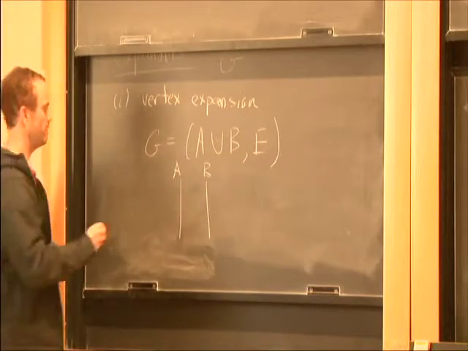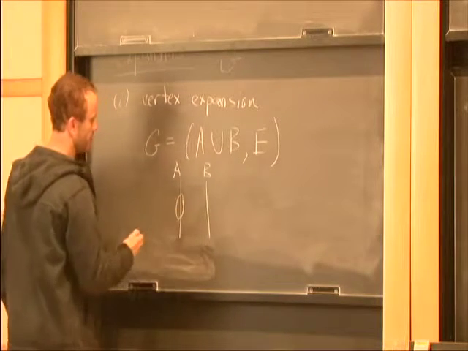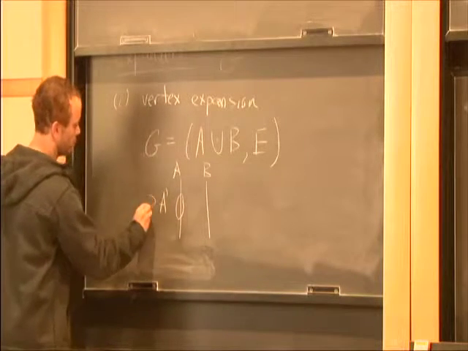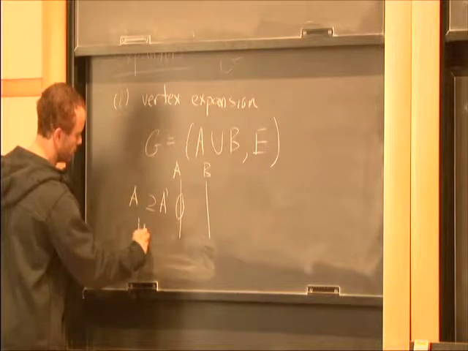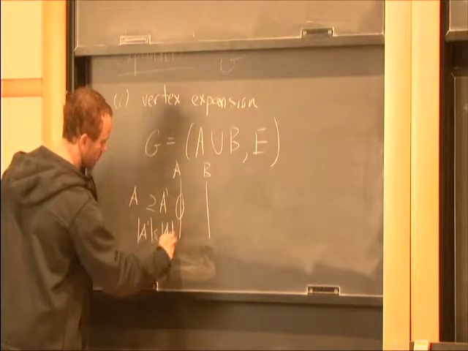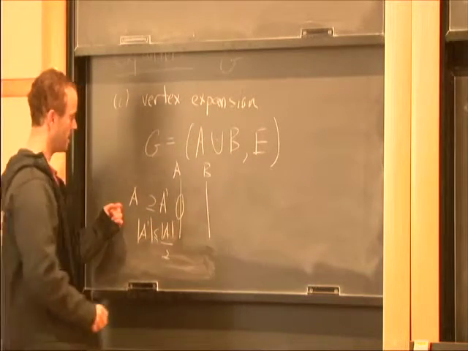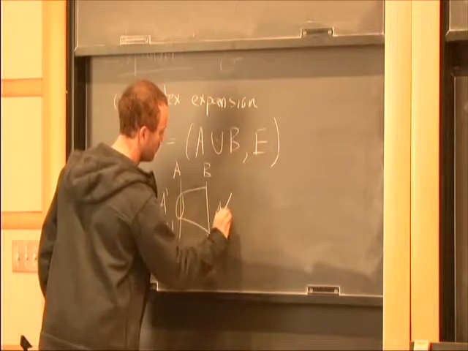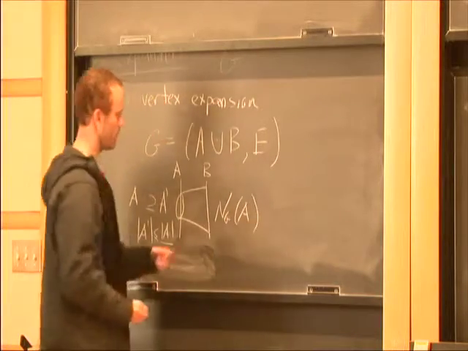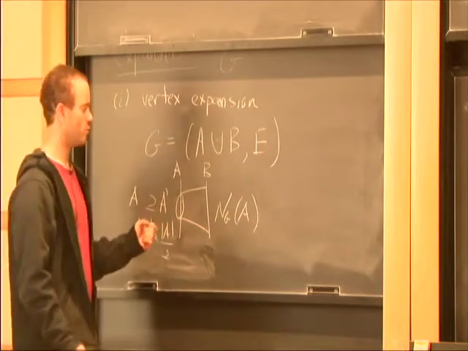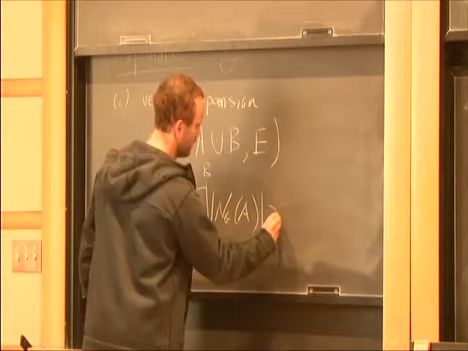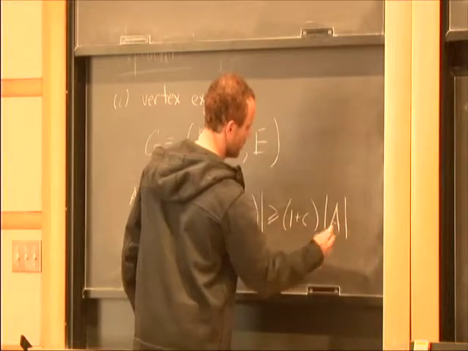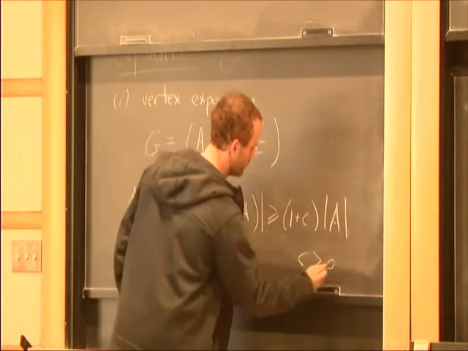And the condition is that every set A prime that is contained in A and is not too large, so every set on the left not too large, the neighborhood of A prime, all the vertices here that are connected to A prime, is at least 1 plus C times the size of A prime, where C is some constant.